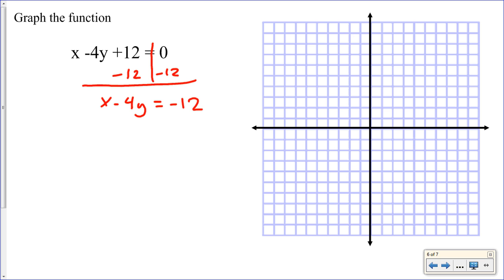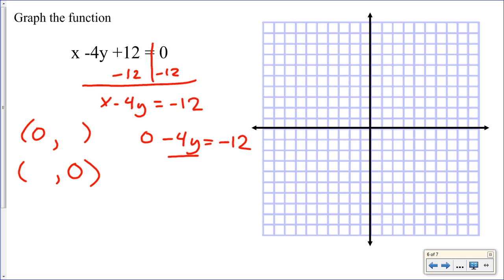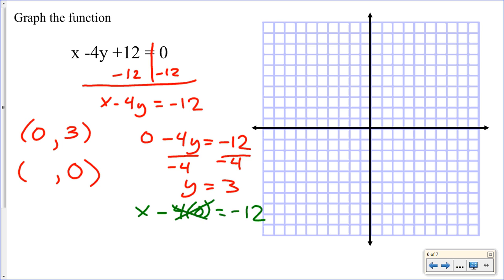Now it's in standard form, and then I can do my finding my intercepts a lot easier this way. So if I put 0 in for x, okay, I'm going to divide both sides by negative 4, and y is a positive 3. And then if I put in 0 for y, that goes away, and I end up with just x equals negative 12.